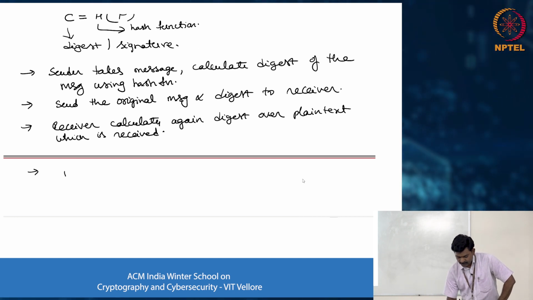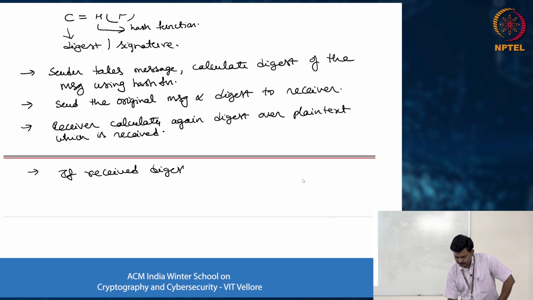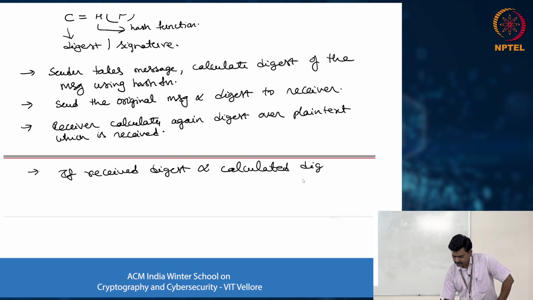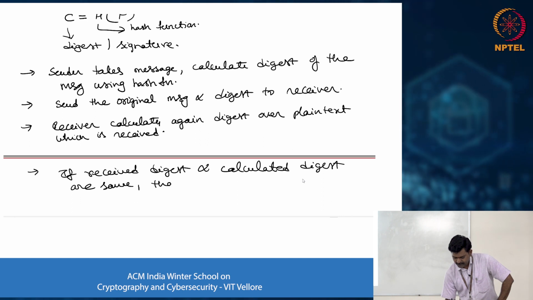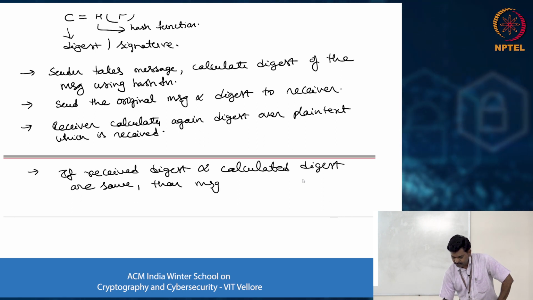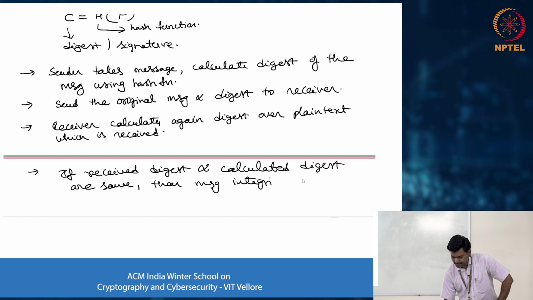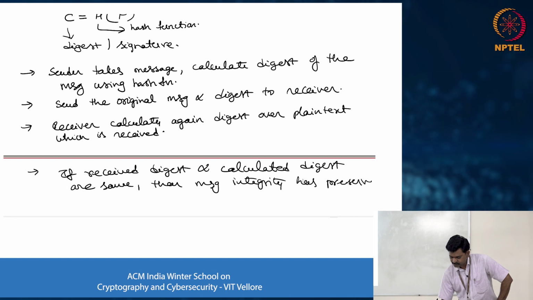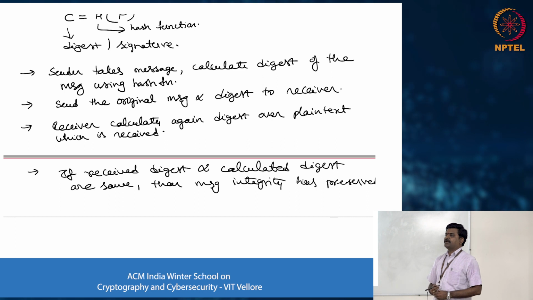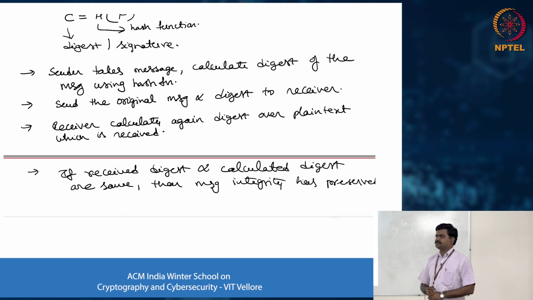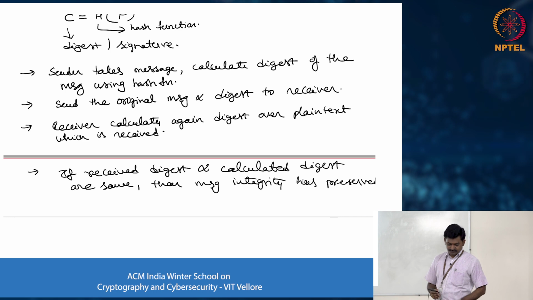If the received digest and the calculated digest are the same, then message integrity has been preserved. Otherwise, what? Integrity of the message is lost. So those are the steps, right?